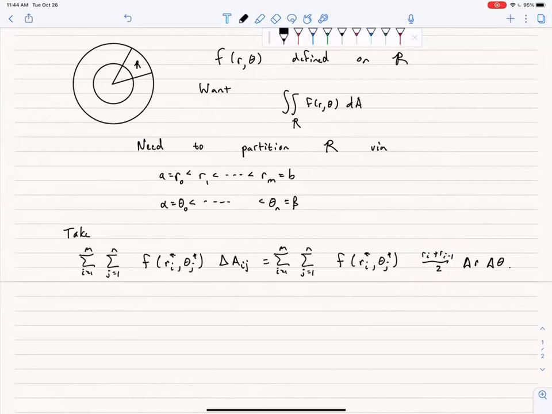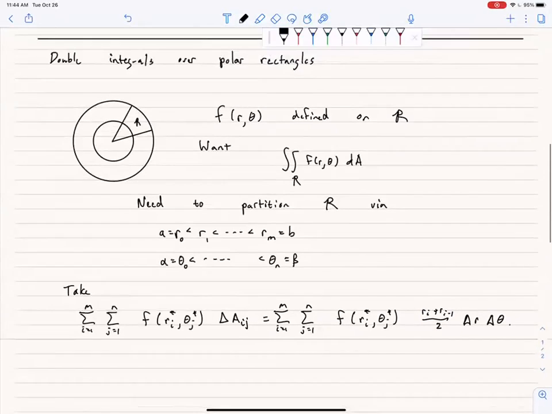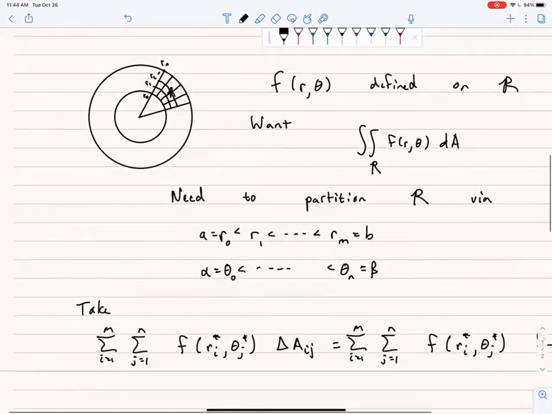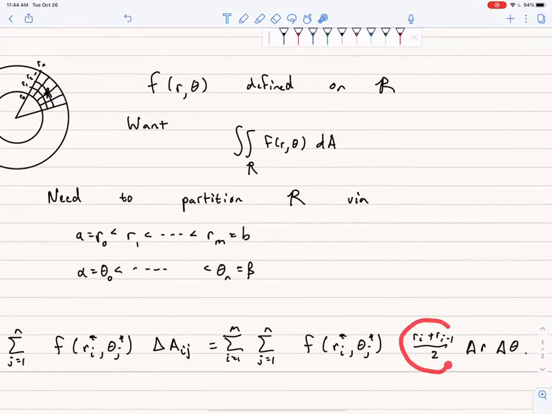So we have this partition here. Let's think about what we're doing. We have a partition of our r's. We start at r_0, that's the first length, then we go to r_1, r_2, and keep on going up to r_m. We've also divided up our thetas into these regions. But now the point is that this value here is the average, the midpoint between r_{i-1} and r_i.